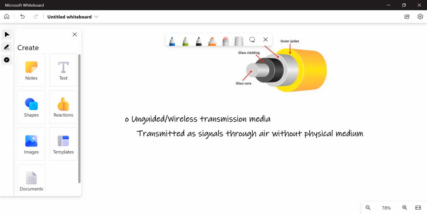Right. A couple of things we can talk about under this. The first one is radio waves.